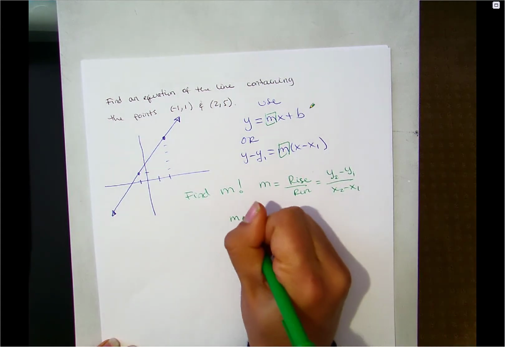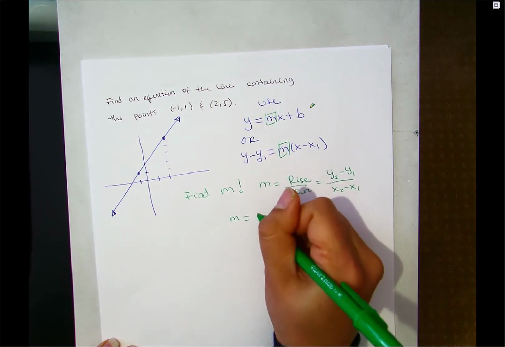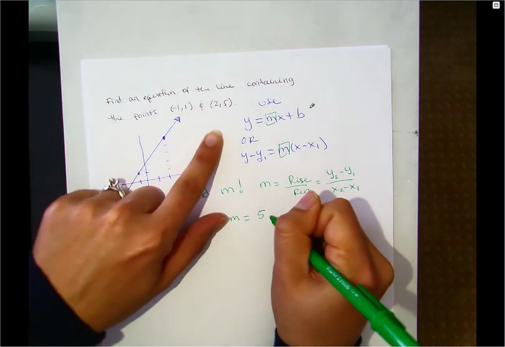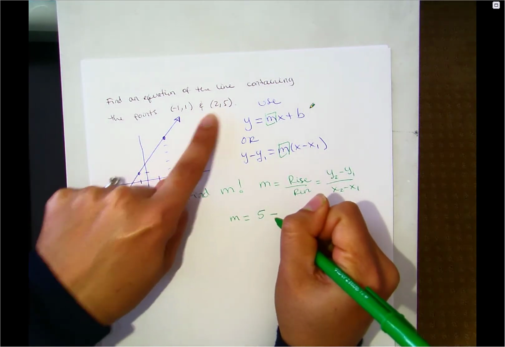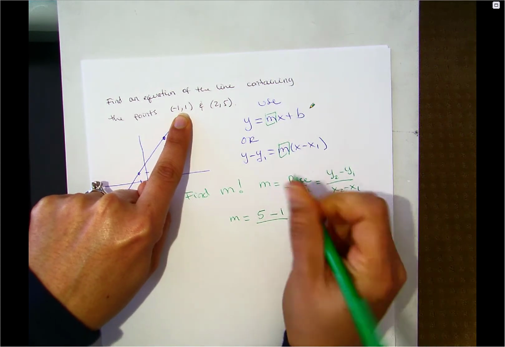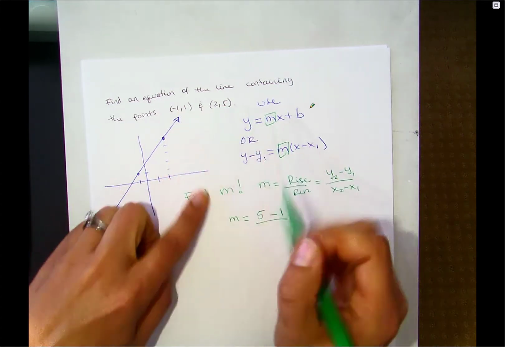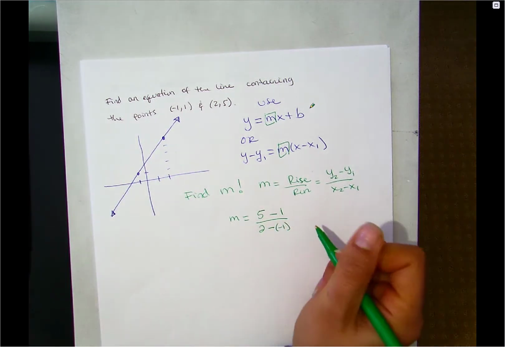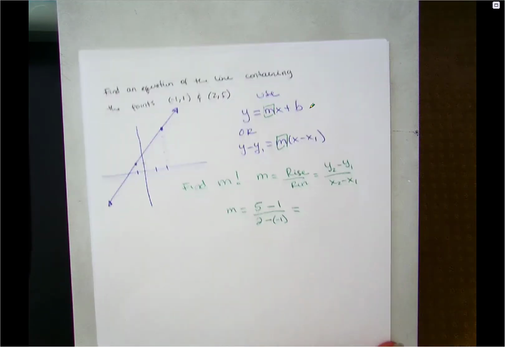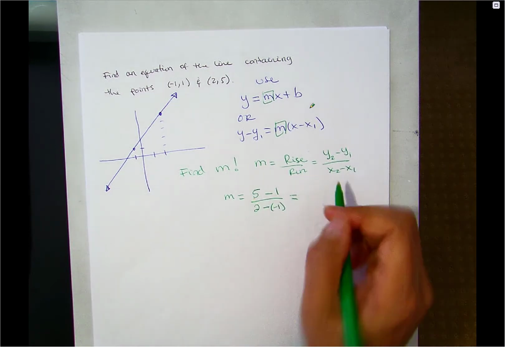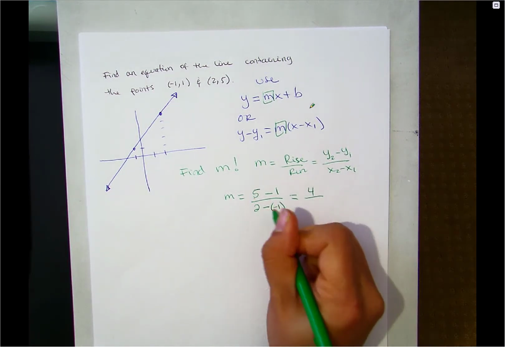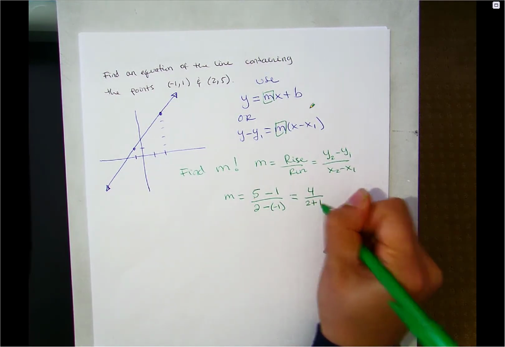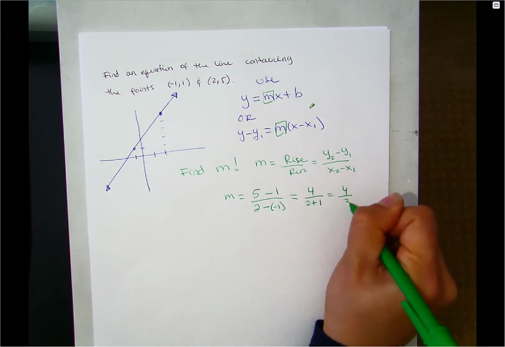It doesn't matter which point I start with, so I'm going to use 5. So 5 minus 1 over, since I started with 5, I have to start with 2: 2 minus a minus 1. 5 minus 1 is 4, and 2 minus a minus becomes a plus. So 4 over 3 is the slope.